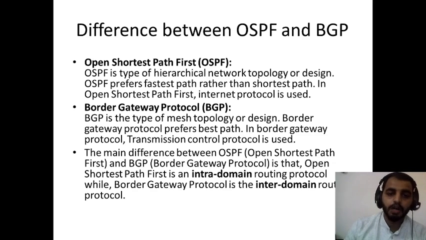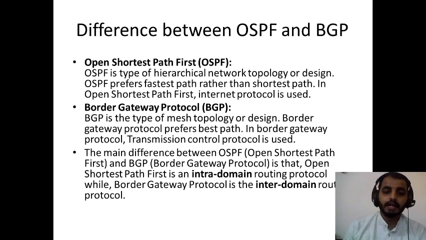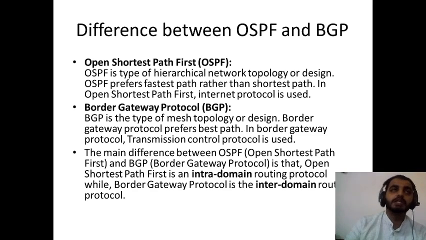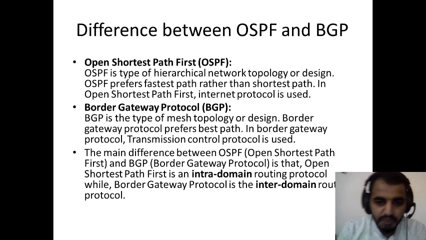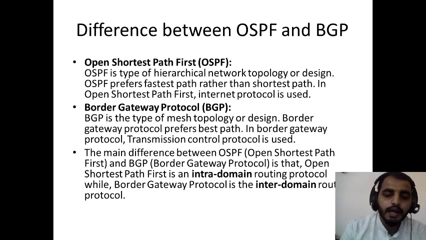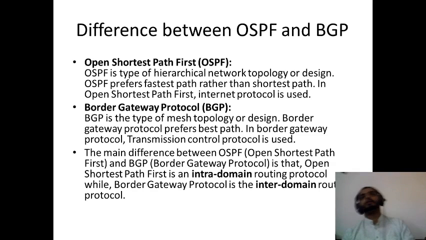Border Gateway Protocol prefers the best path, whereas OSPF prefers the fastest path. In Border Gateway Protocol, Transmission Control Protocol is used. In OSPF, IP is used; here, TCP is used. Now, the main difference between OSPF and BGP is that Open Shortest Path First is an intra-domain routing protocol, while BGP is an inter-domain routing protocol.